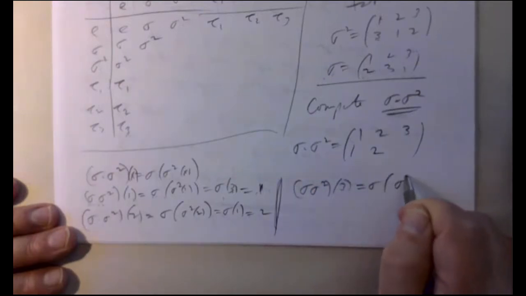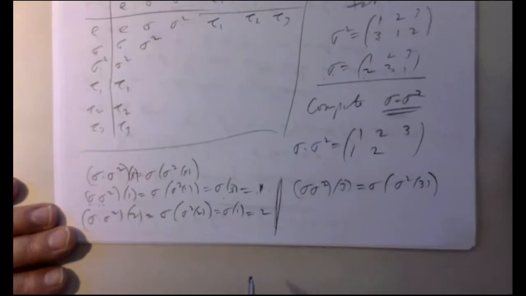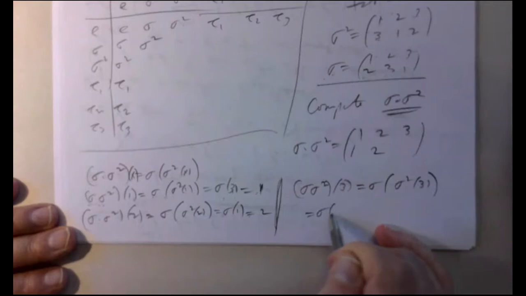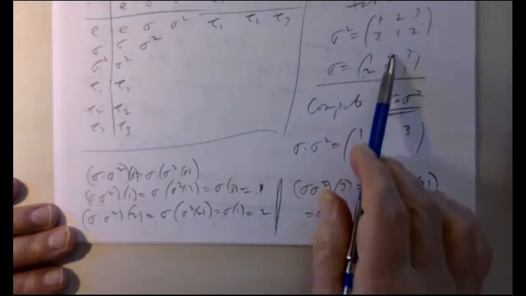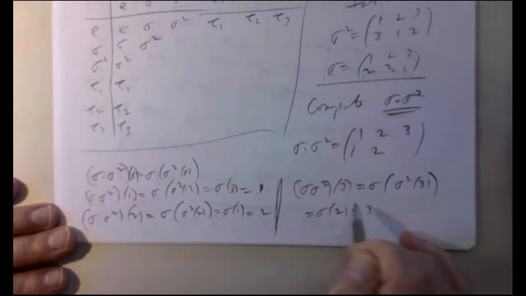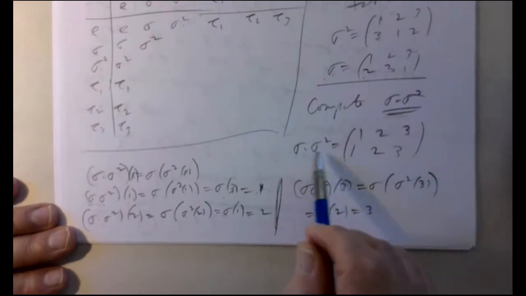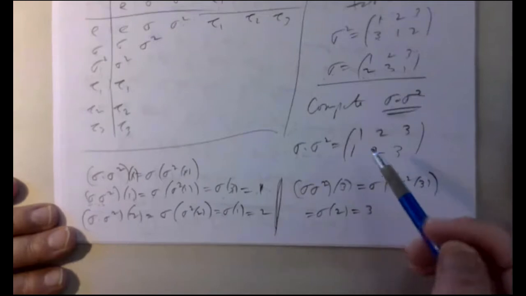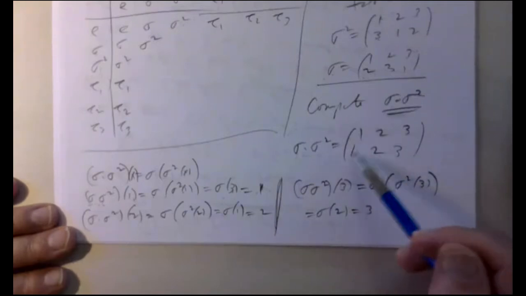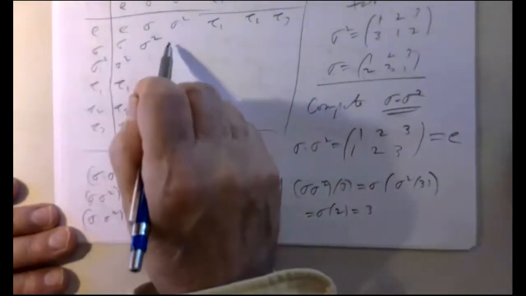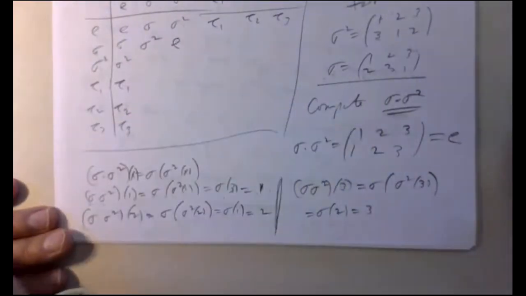This is sigma of sigma squared of 3. Sigma squared of 3 is 2. Sigma of 2 is 3. So 3 goes to 3. So when I multiply sigma and sigma squared, I get 1 to 1, 2 to 2, 3 to 3. That's just the identity. So sigma times sigma squared is the identity.